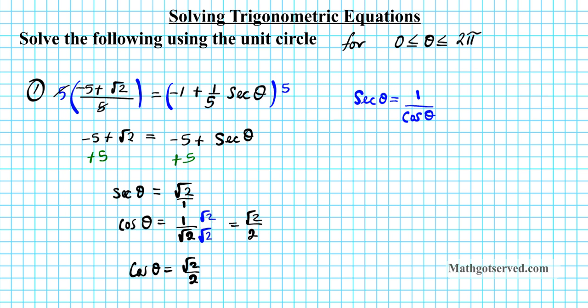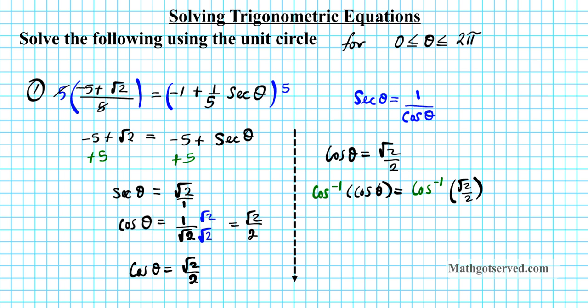Now, to isolate theta, we're going to take the inverse cosine of both sides of the equation. So we have, if cosine theta is equal to root 2 over 2, we're going to do the inverse cosine of the left side, inverse cosine of cosine theta, and then we'll take the inverse cosine of the right side also, inverse cosine of root 2 over 2.